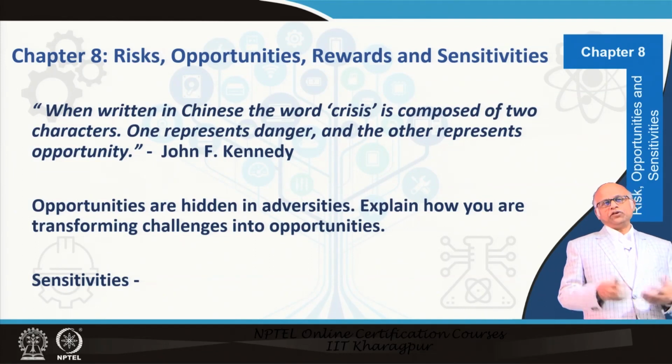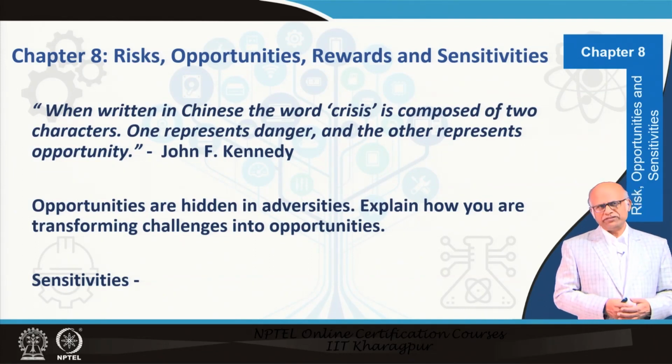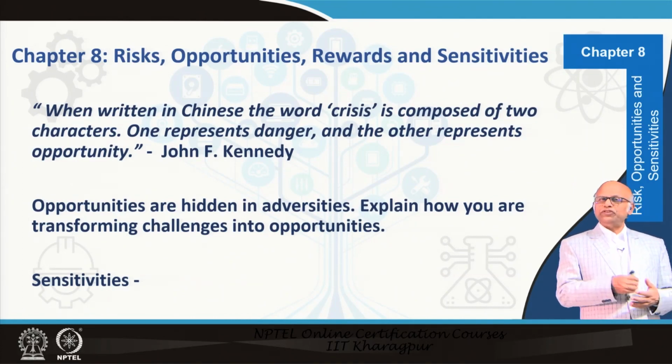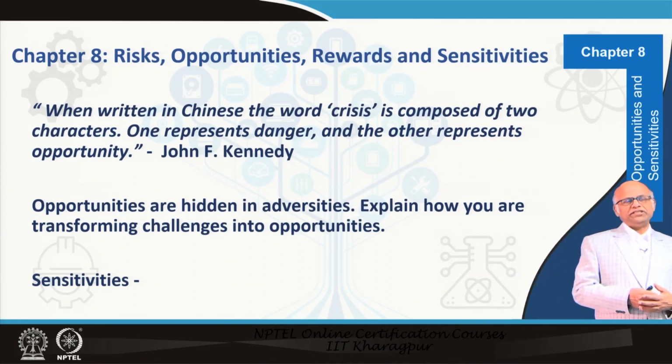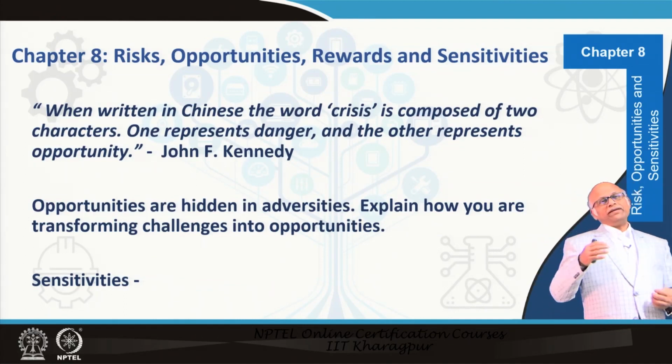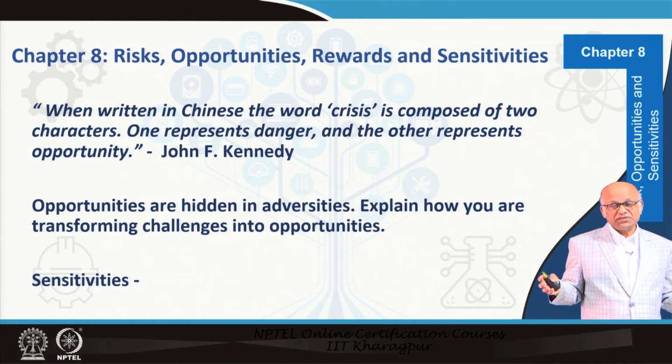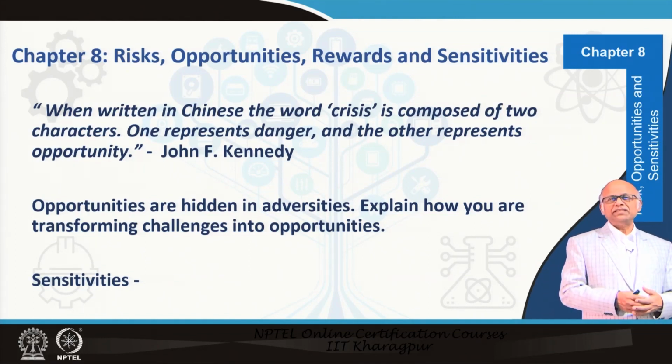The 8th chapter or section is the last section, wherein you talk about the risks, opportunities, rewards and sensitivities. When you talk about risk or, say, crisis, you talk about uncertainties. Look at what John F. Kennedy has said.